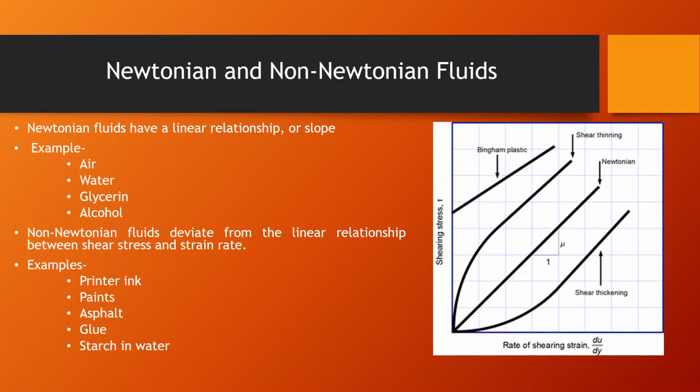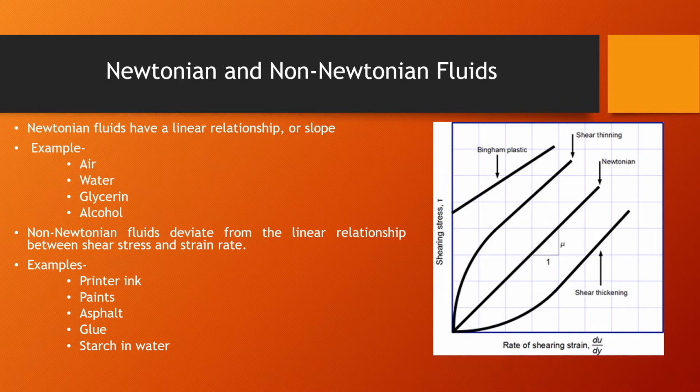However, there are fluids, the non-Newtonian fluids, which do not follow these linear relationships. They deviate from the linear relationship. Those are called non-Newtonian fluids, and you can see they can either be shear thinning or shear thickening.